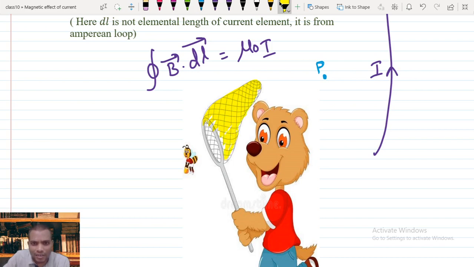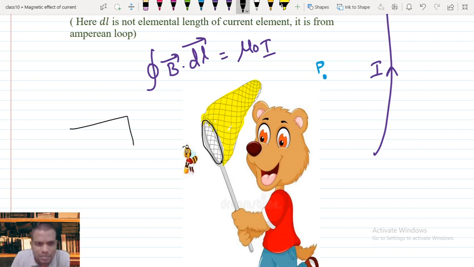So what is this loop? Let me talk for 2 minutes about this. First of all, this loop we know as an open loop. It's a closed surface, and it has its boundary, and it has a particular shape also. Here it is made up of a circle, so it is shaped like that.